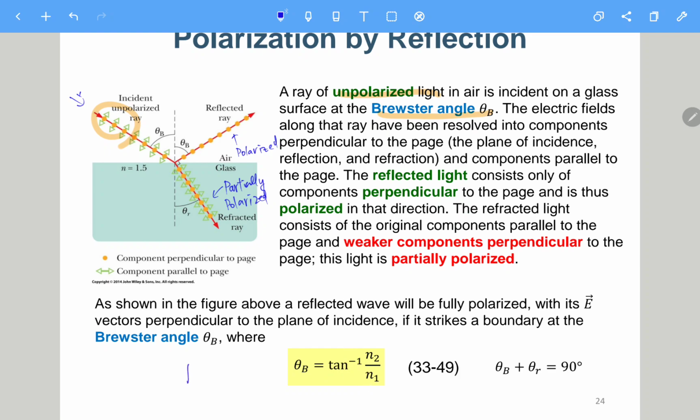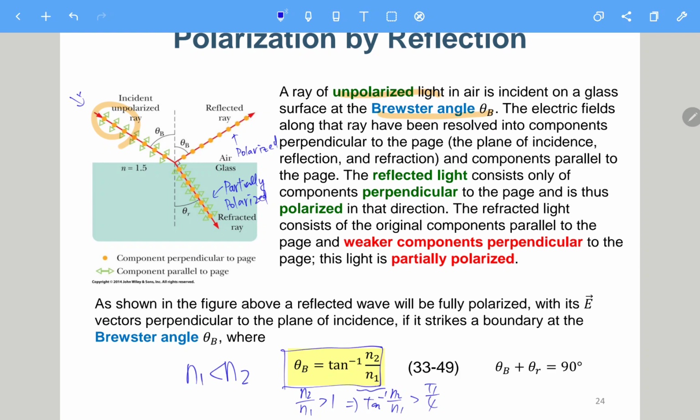Here we assume that n1 is smaller than n2. So n2 over n1 is larger than 1, which means that arctangent of n2 over n1 is larger than pi over 4, larger than 45 degrees. Okay, so this is the equation to calculate the Brewster angle.